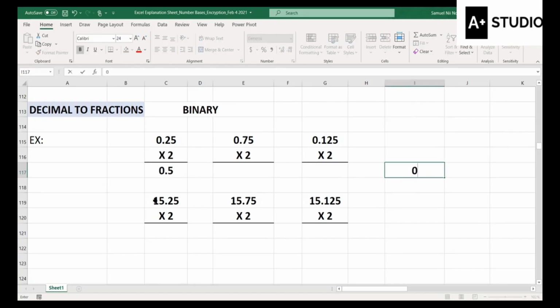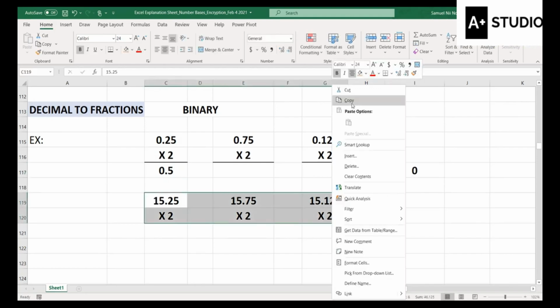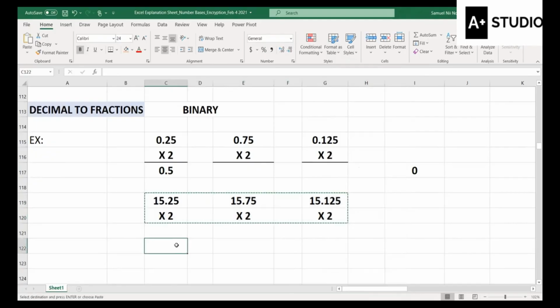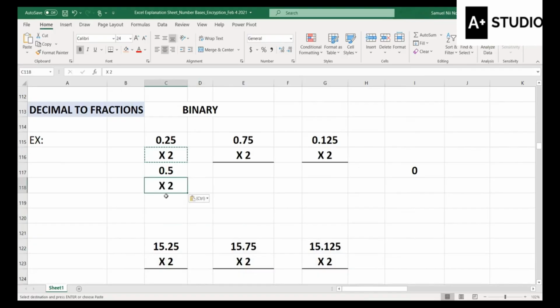Then we multiply the value you got again by 2. So multiply this again by 2. Okay, 2 times 5 will give us 10, so we get 1.0.